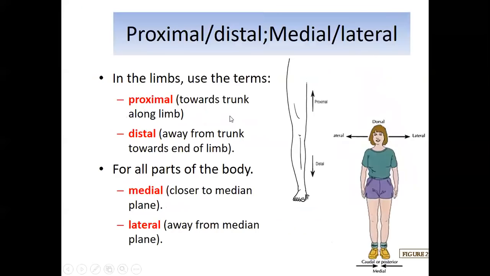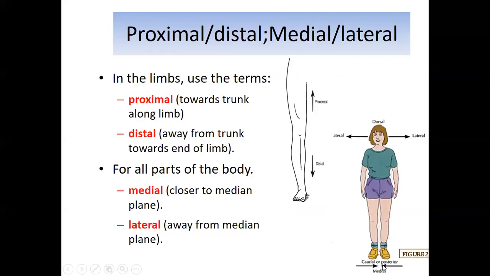And then proximal and distal. Proximal means toward the trunk, along the limbs. And distal means away from the trunk, toward the end of the limb. And for all parts of the body, medial means closer to the median plane.